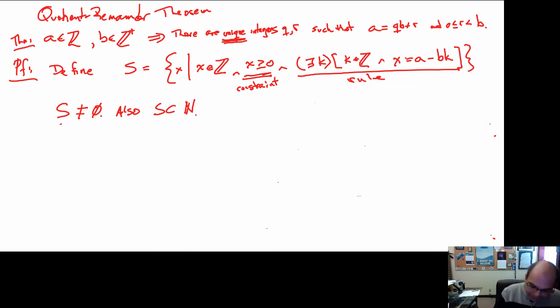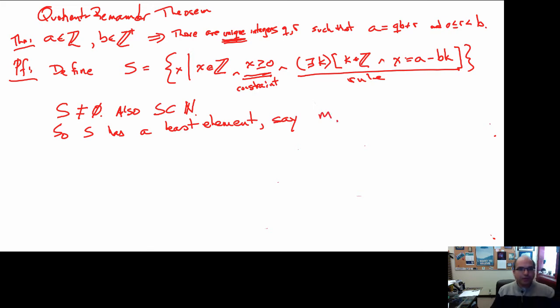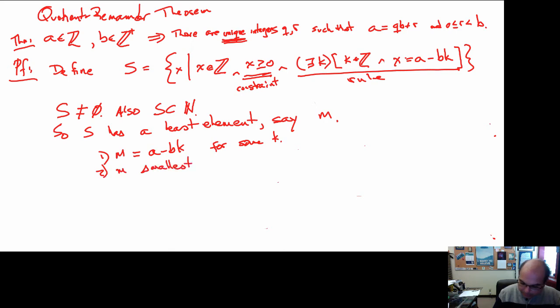Well, here it is, right? So S has a least element. And let's give it a name, right? Say M. M is just a number, okay? So what do I know about M? I know that M is equal to a minus bk for some k. Okay? I also know that M is the smallest number in S, right?